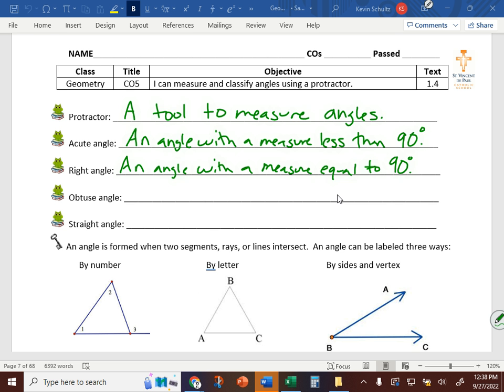What type of inequality? CO16 from last year. Okay, greater or less than. What do we call it when we have two endpoints? Greater than or equal to 90 and then less. Wait, never mind. That doesn't count.